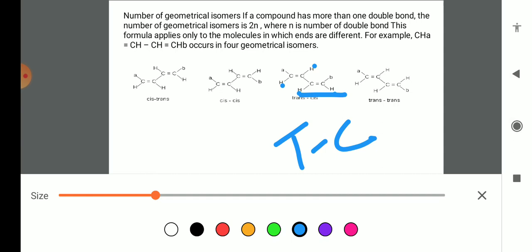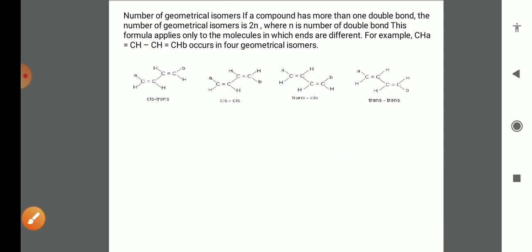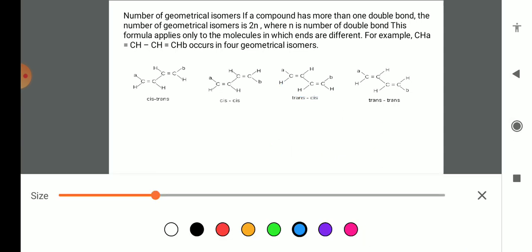So it is called trans-cis. Go for the next. This is trans. These hydrogens are opposed to each other, and these hydrogens are opposed to each other. It means it is a trans-trans form. It is called the trans form.